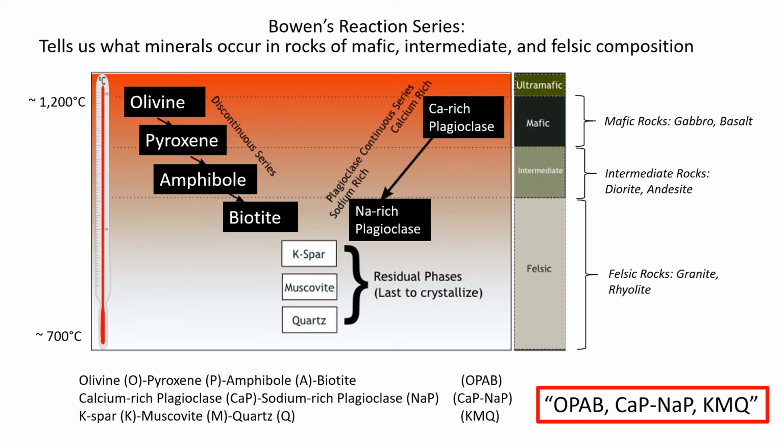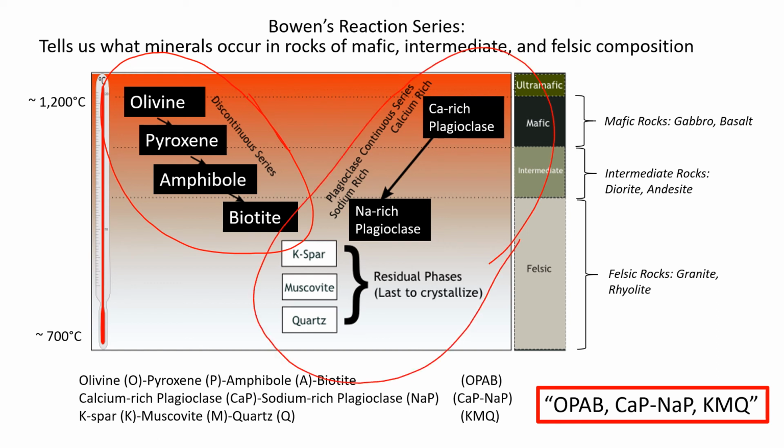Okay, well, to return to this all-important diagram, and I'm going to keep emphasizing this, what does it tell us? Well, the most important thing is it just tells us the crystallization order with respect to temperature of the common silicate minerals. Some of these are ferromag silicates, including olivine, pyroxene, amphibole, and biotite, and all the others are non-ferromag silicates, including plagioclase, K-spar, muscovite, and quartz.